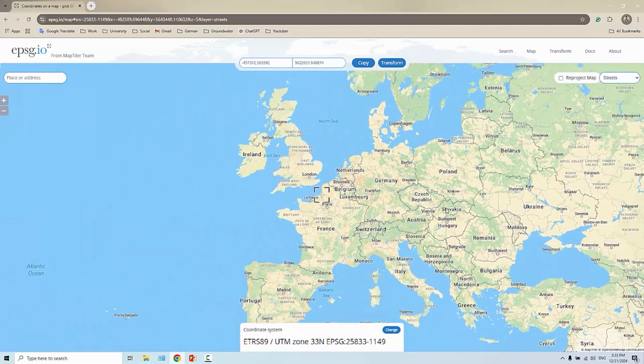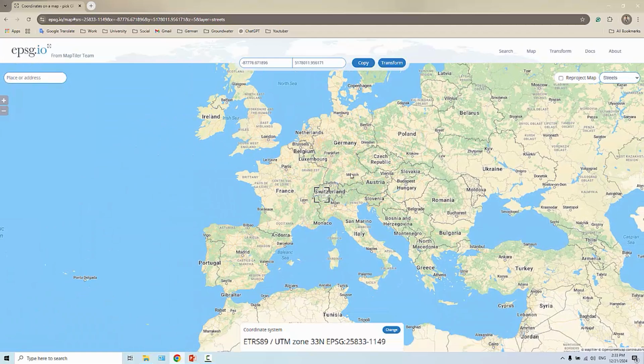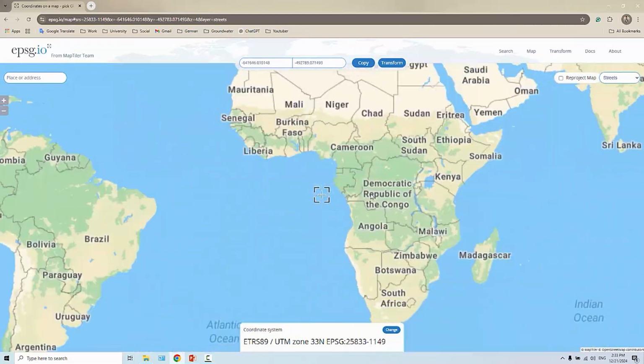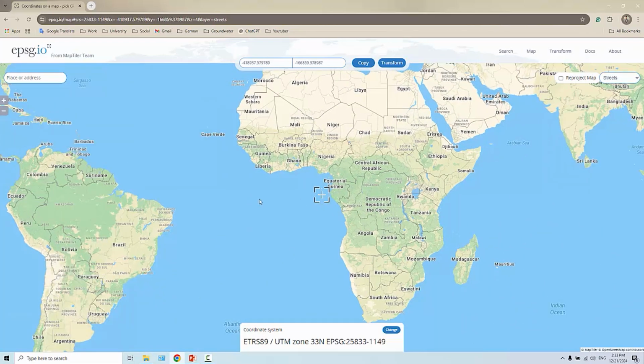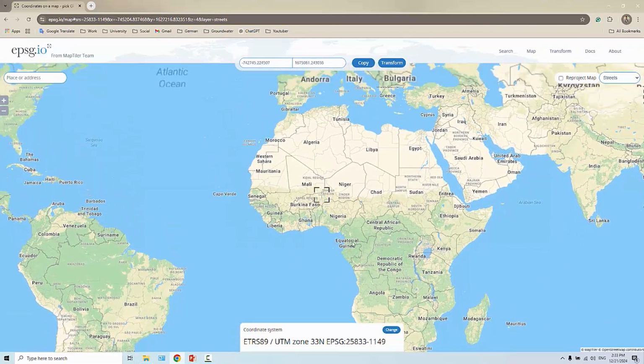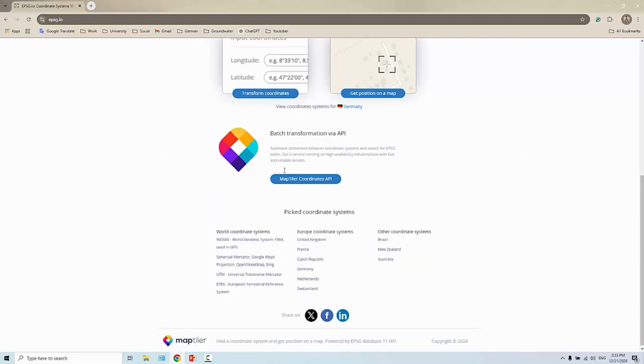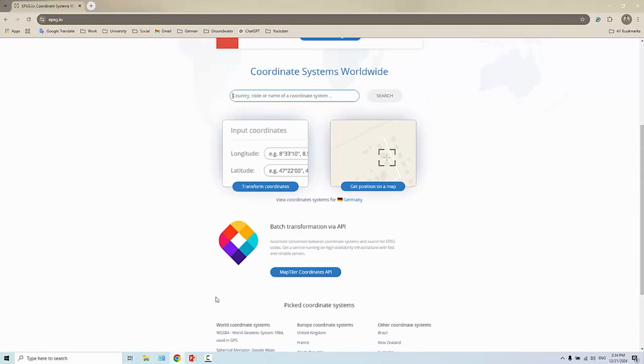And the origin point of this coordinate system should be somewhere here, I think. And so you can play around with this website, see which local coordinate system has been used in your country or your area, give the code or the country and search, so you can have a better understanding of the coordinate systems.